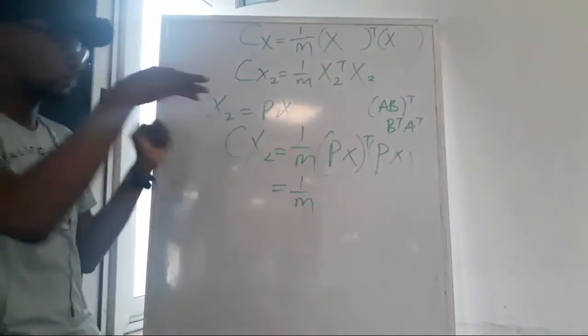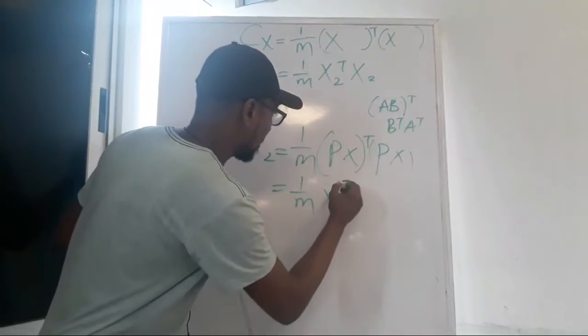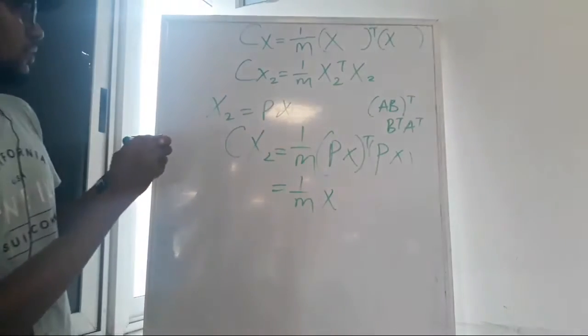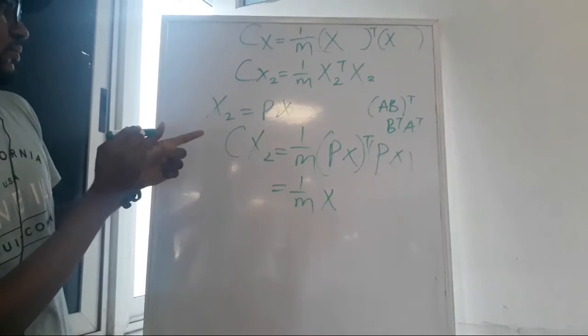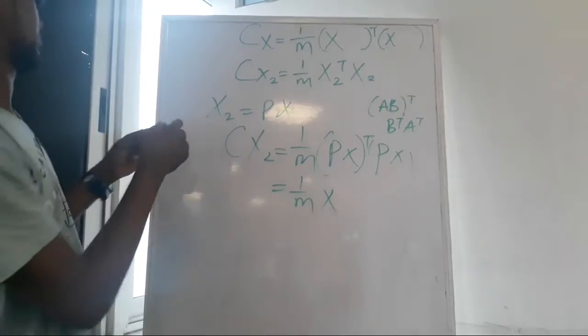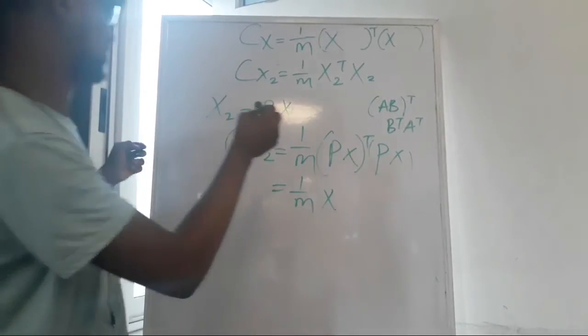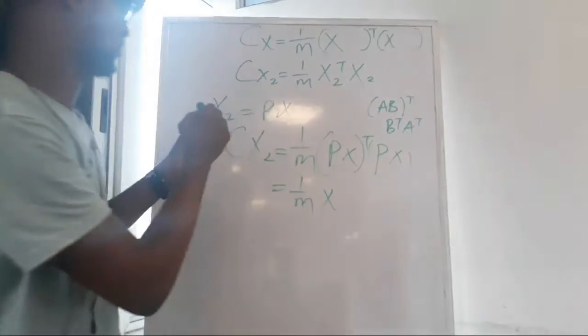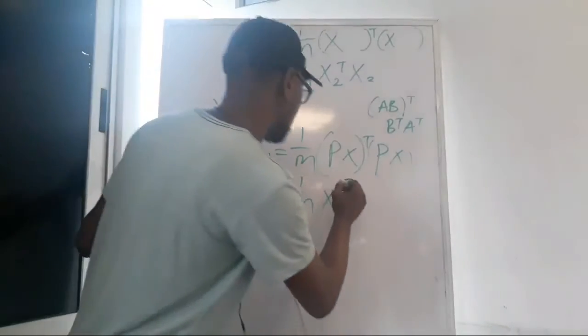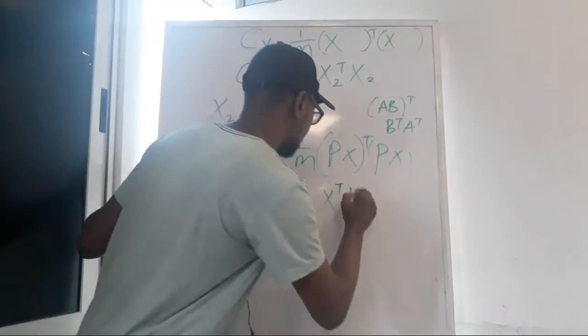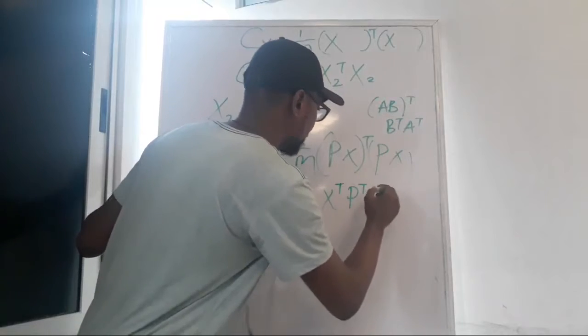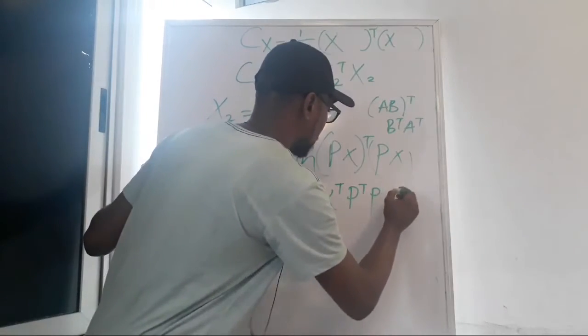So this is x transpose, this is p transpose, this is p, and this is X.